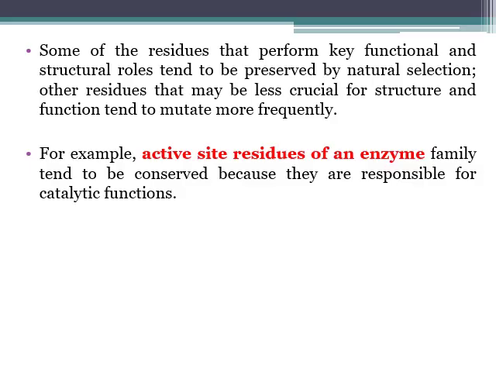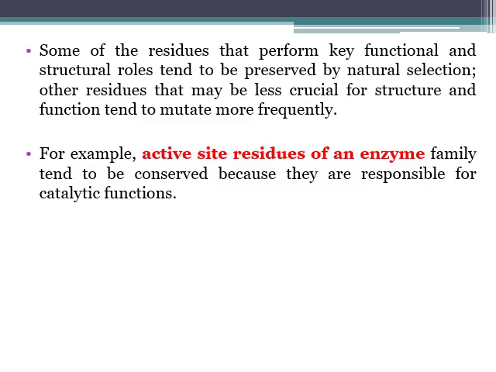The active site amino acids interact with the substrate molecule and convert it into the product. Suppose there is a mutation at the active site residue, then that enzyme will no longer remain functional, right? And due to that, the active site residues, which are functionally critical, don't undergo mutation. Or even if they undergo mutation, that molecule will not be selected by the natural selection process.